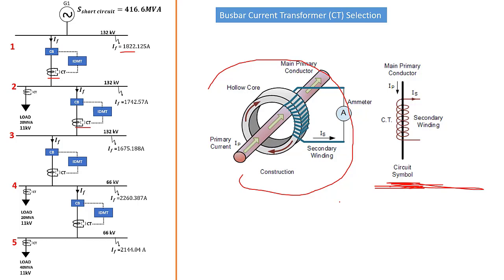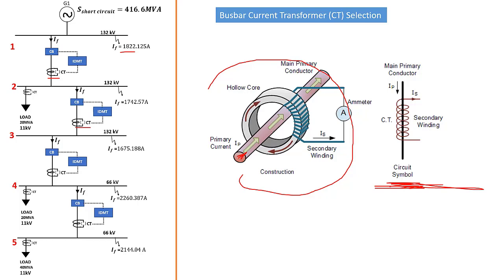Whether it is used for protection or metering, it is a measuring device that is used to safely reproduce a low-level current that accurately represents a high-level current for the purpose of protection and metering. So the high-level current will be the current that will be passing through here.